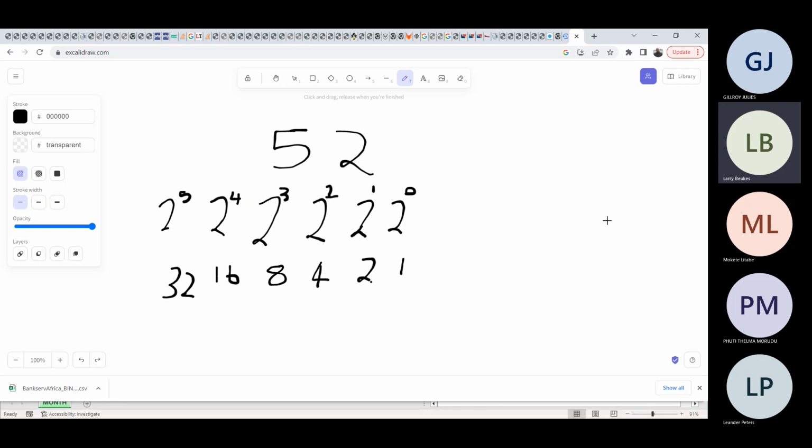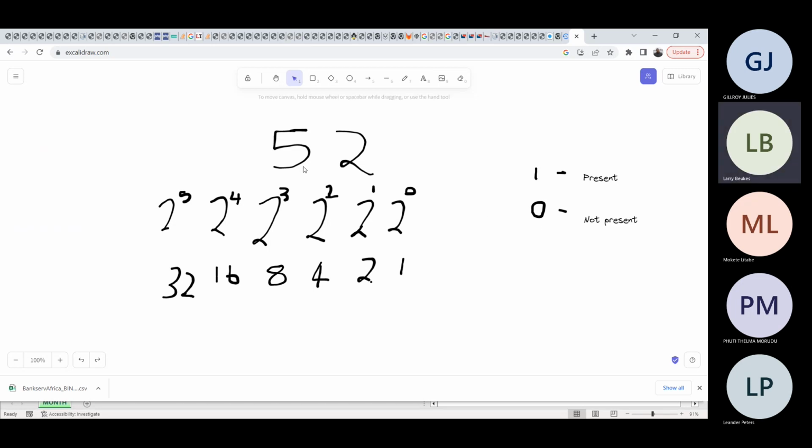Remember I said 1 means present and 0 means not present. Not present means it doesn't exist. In 52, a 32 must exist, 64 cannot exist.